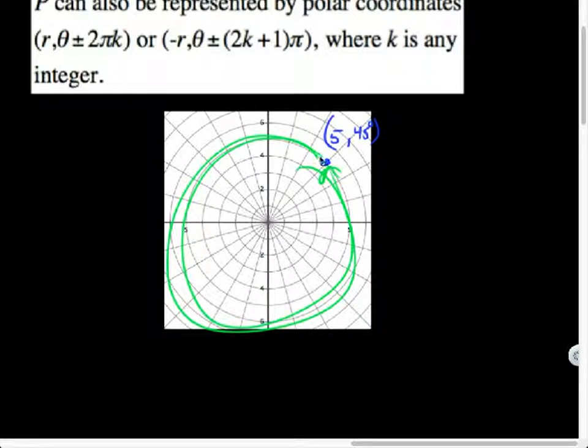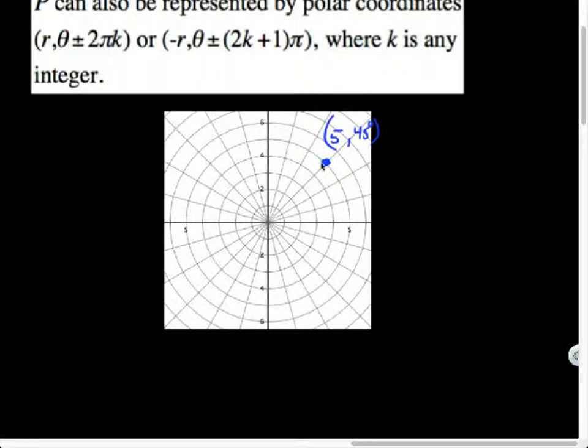So that's kind of like coterminal angles is essentially all this is. Or if I add an odd multiple of pi, or 180 to it, and then have a negative r value, that would bring me right back to the same location. But if I added a full 360 and had a negative r value, I'd be landing in the opposite spot. And that's why this has to be an odd multiple of 180s there.